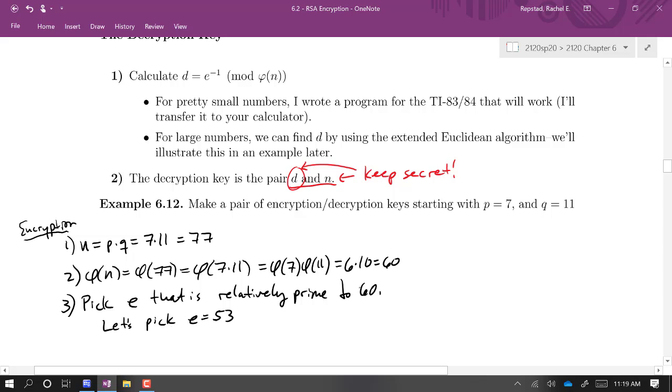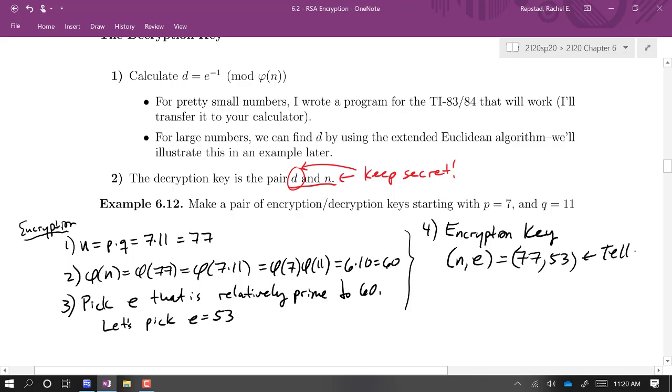As long as it doesn't share any divisors with phi of n, you're going to be all set. So now the encryption key is the pair of values n and e, so that's 77 and 53. I tell everyone, this is how you send me a message.